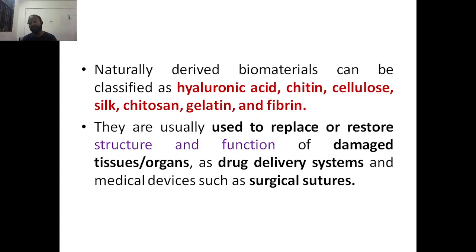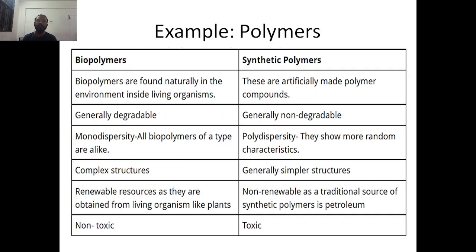As drug delivery systems, natural polymers or natural biomaterials play a very important role, as well as in medical devices such as surgical scissors, where we can use natural biopolymers, maybe as a coating. For examples, we have a table here comparing biopolymers and synthetic polymers. Biopolymers are formed naturally inside living organisms, either from bacteria, plants, or humans themselves.